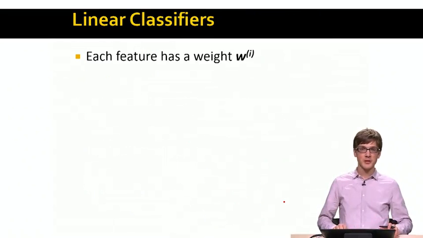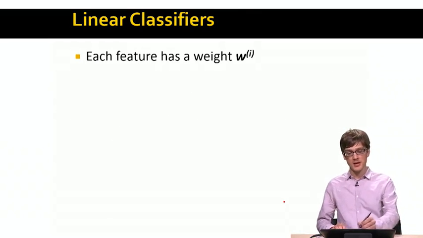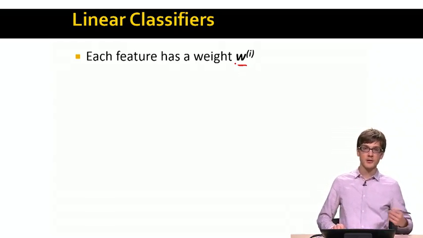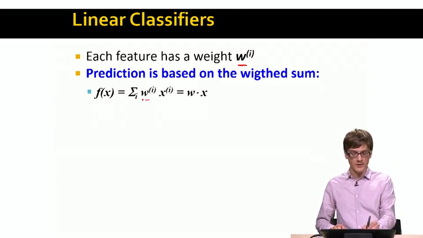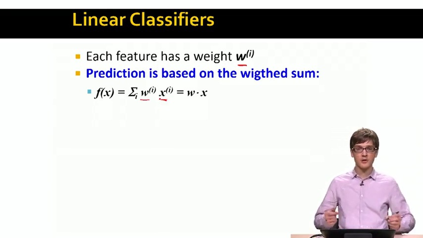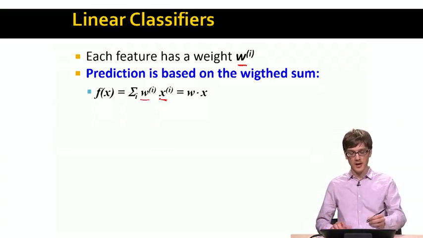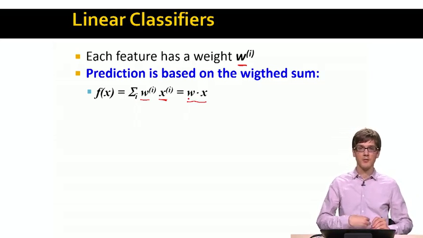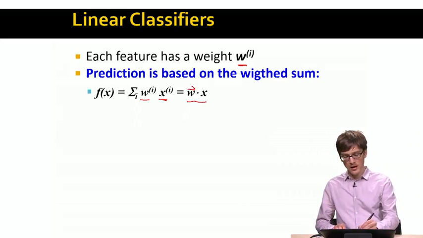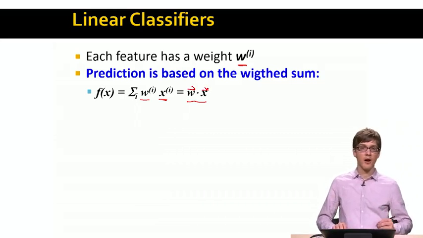So to be a bit more precise, this is an example of a linear classifier, where the idea is that every feature, every word in our case, has a weight associated with it. And then our prediction is based on the weighted sum of the weights of the features and the corresponding feature values. So simply writing this out, we can think of this as a dot product, an inner product, between the weight vector W and a vector representing features of our data point.